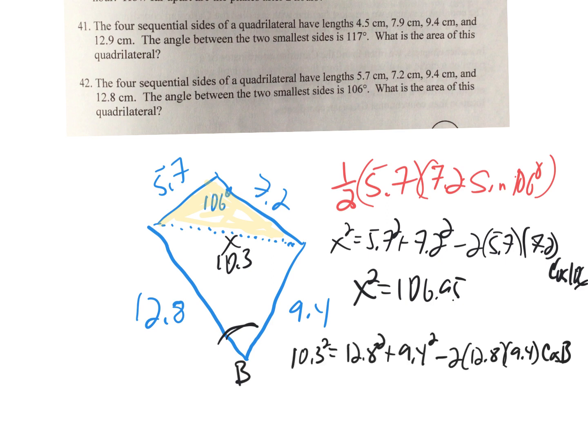So I set up the law of cosines so that I could find the measure of angle B, and notice my variable is the cosine of B. So I'm going to square the 10.3, subtract that squared, then divide that answer by the -2 times 12.8 times 9.4.